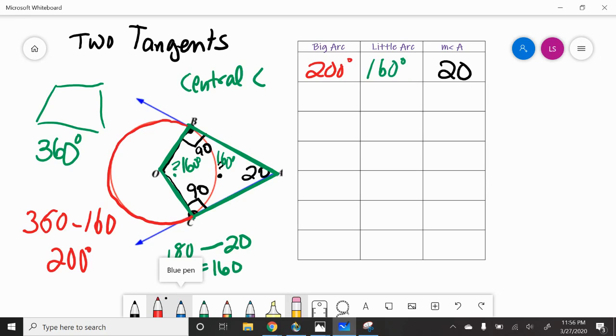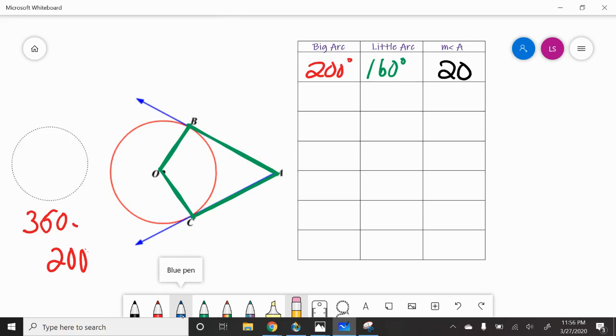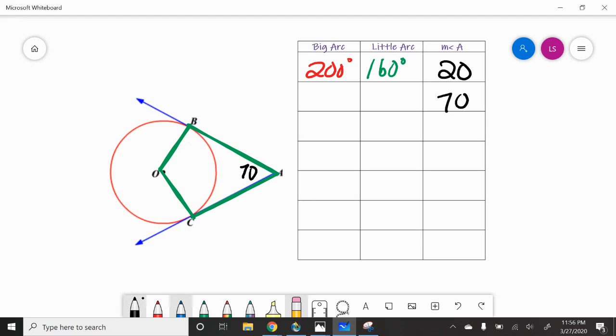So let's do another example. So let me get rid of all this stuff. Okay. So I'm going to make up another angle for angle A, let's say just randomly 70. Now, again, this is 90.